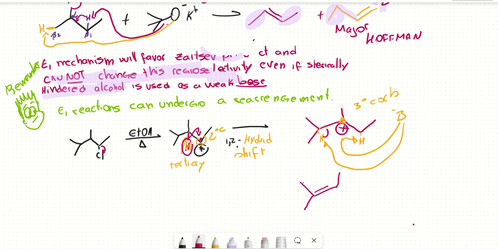So the hydrogen will leave behind this here, and we're going to have a Zaitsev product. And here we have 1, 2, 3, 4 substitutions. That's tetrasubstituted. So that's it. That's all.